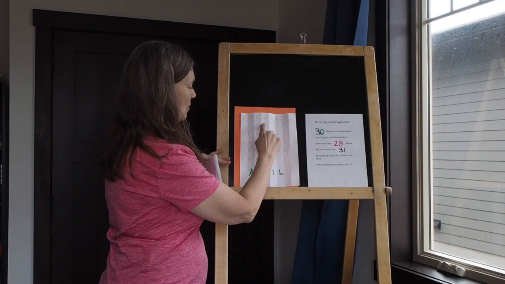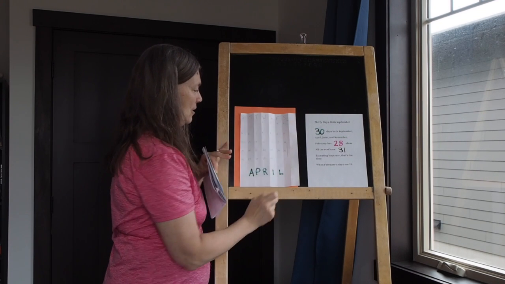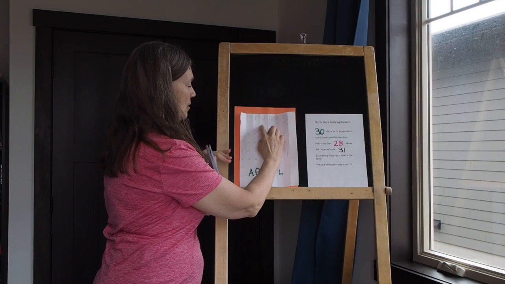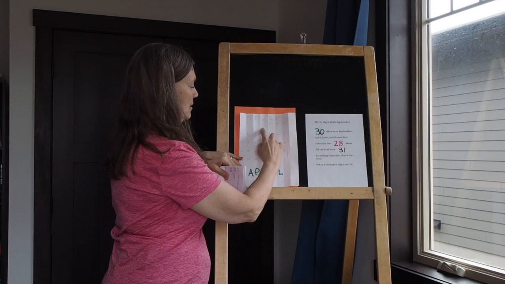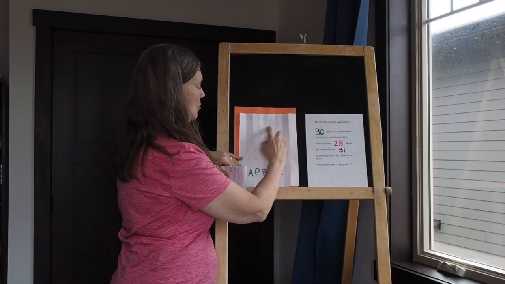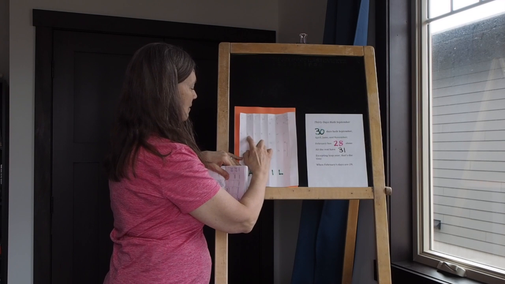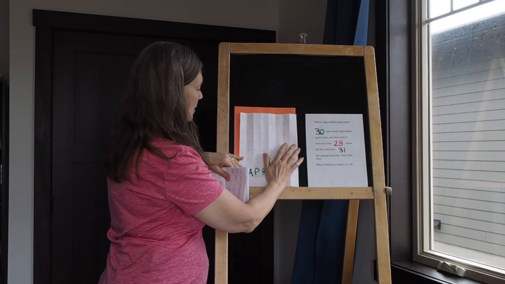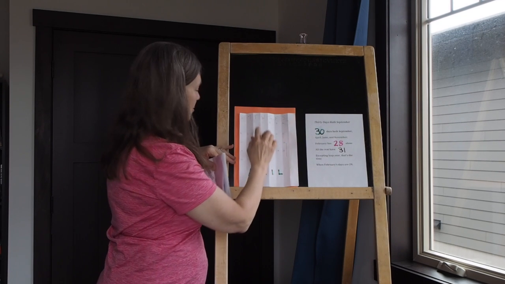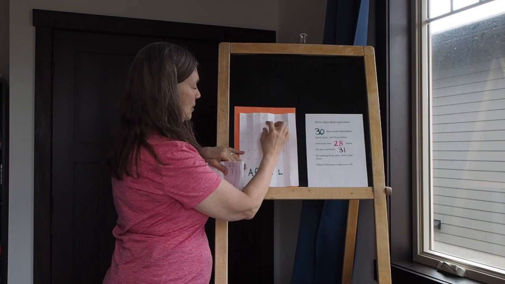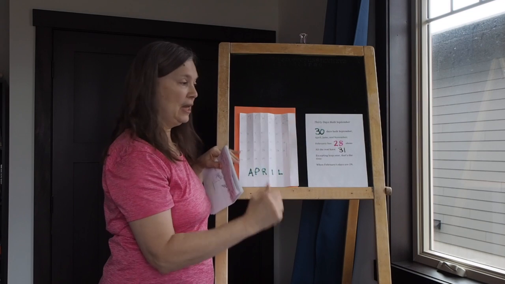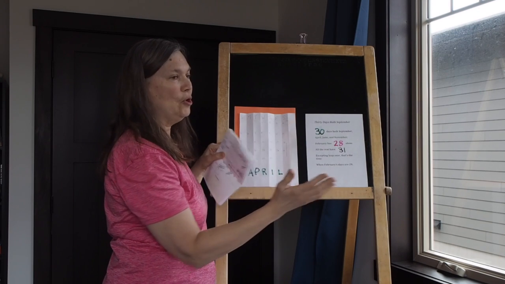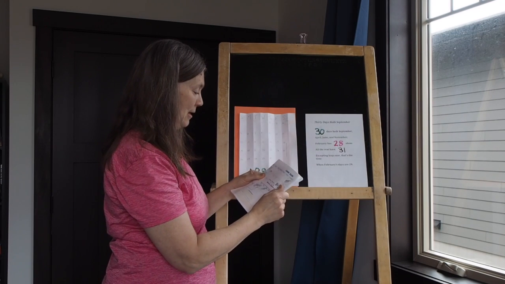Now April 1st starts on a Wednesday, so you'd start your 1 right here in the little box that is right under the W for Wednesday, and then you'd keep going 1, 2, 3, 4, 5, 6, and keep on going. If you make your numbers small, you'll have a bigger space for writing notes. If you make them big, then you can see your calendar from across the room. You can know what day it is by just glancing at it.